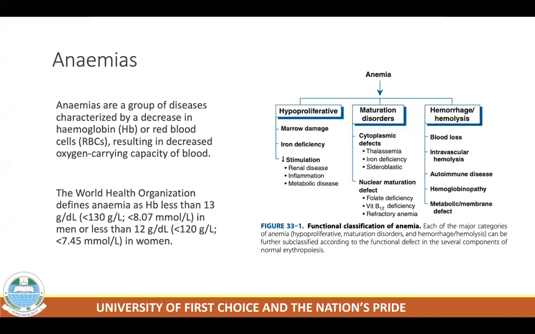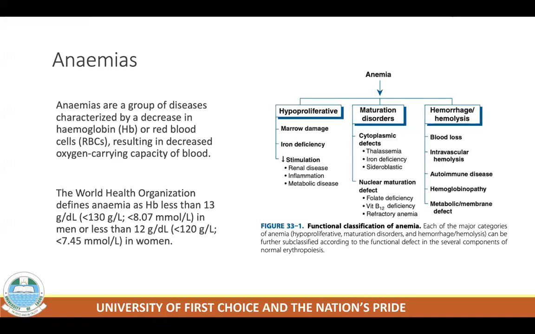For example, renal disease can lead to reduced stimulation of the bone marrow. Inflammatory states generally lead to anemia as well. And then metabolic disease.